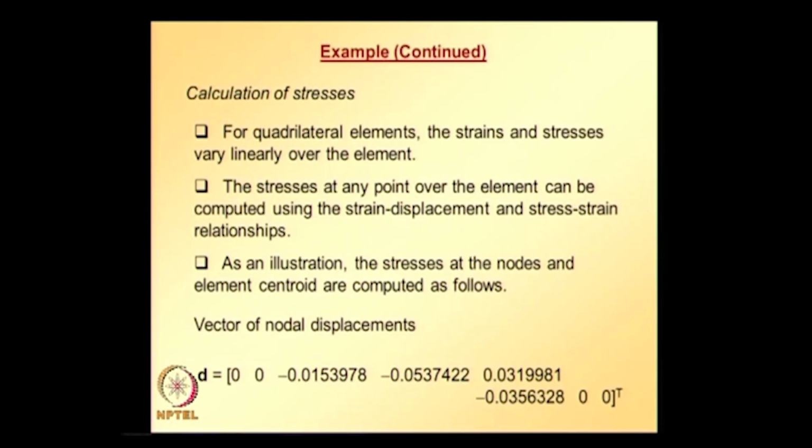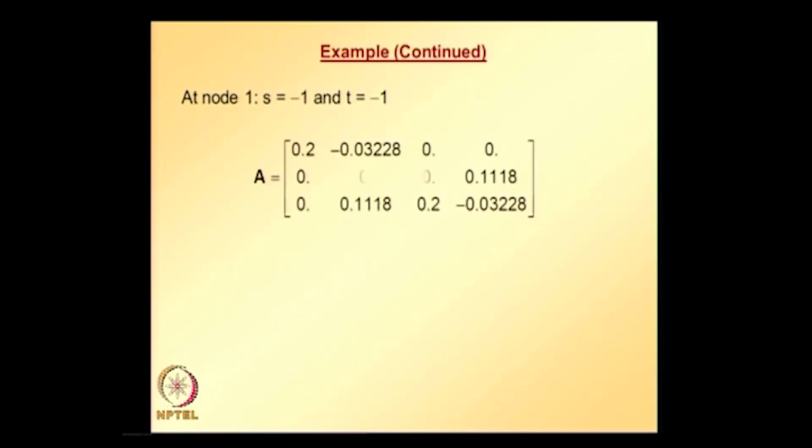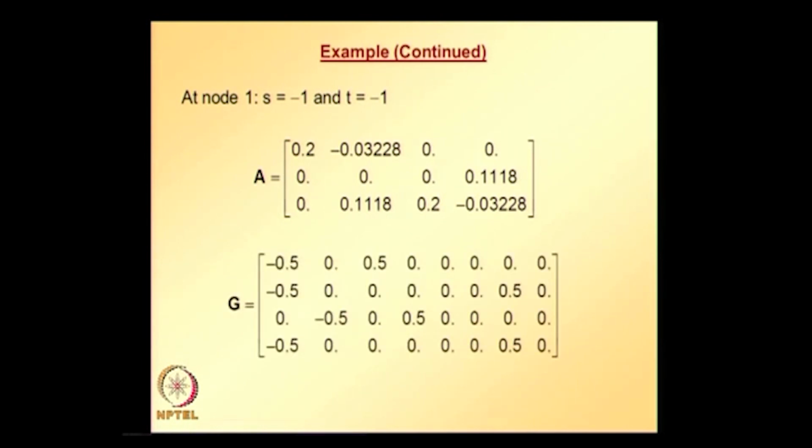So, we need to know the corresponding S and T coordinates. At node 1, S is equal to -1, T is equal to -1. So, A matrix, G matrix.